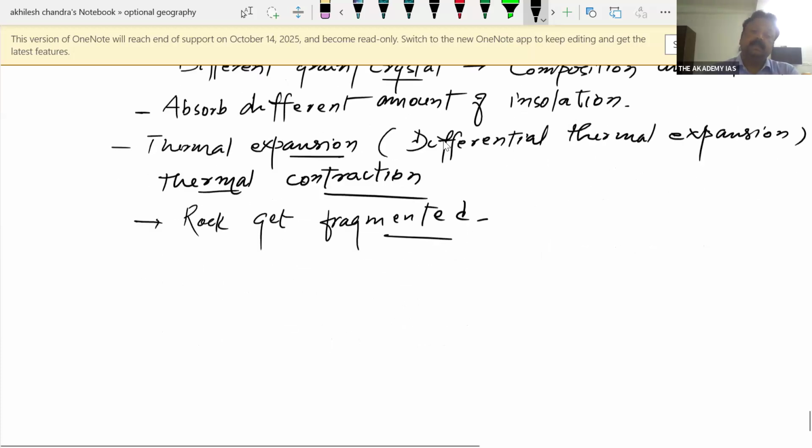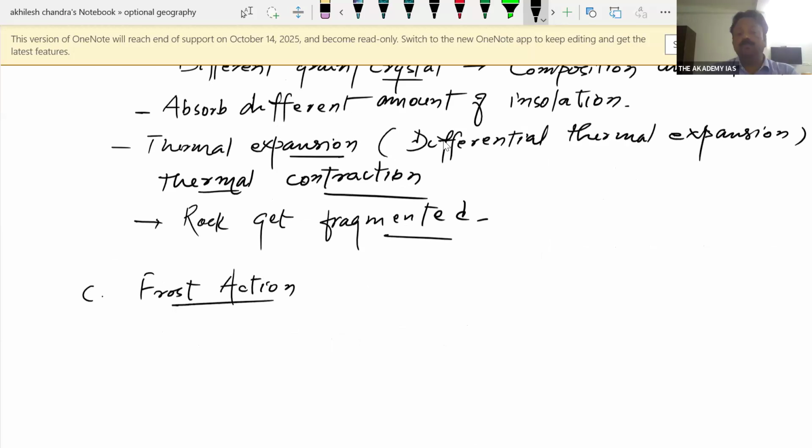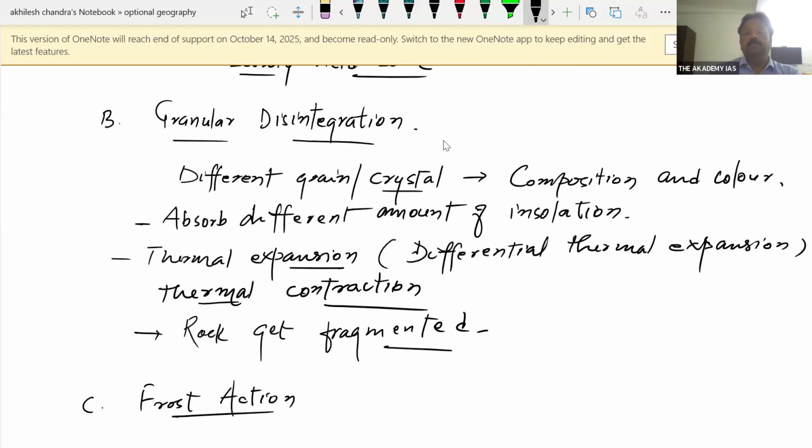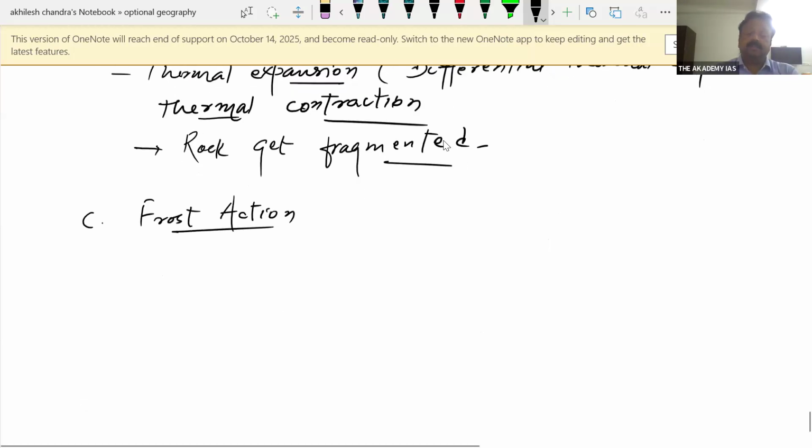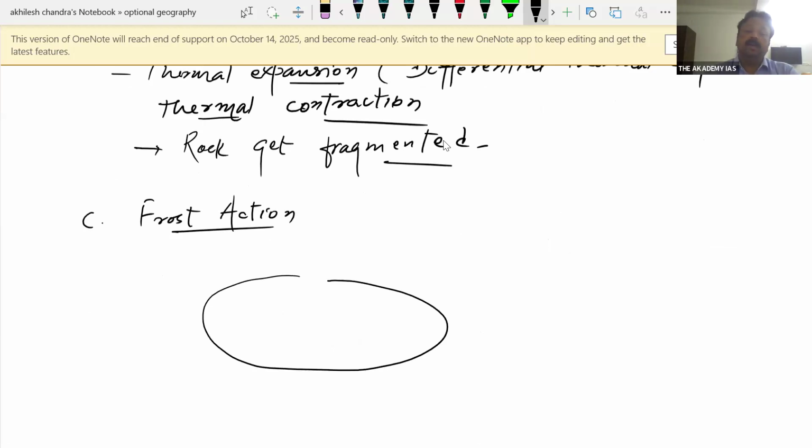There is third, frost action. So block disintegration through frost action. Frost action कैसे काम करता है बच्चे? Suppose that this is a rock and here there is a crack inside the rock.